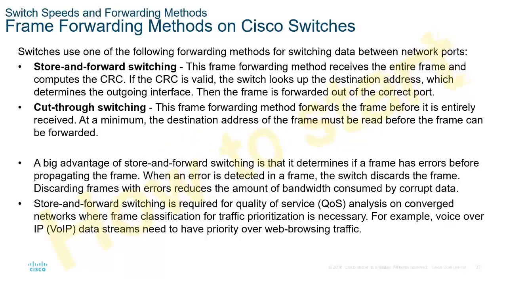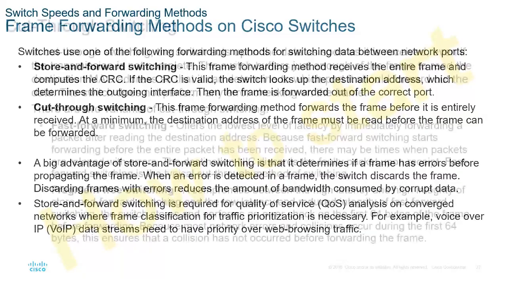However, an advantage over store and forward is that it will take the entire frame and check for errors, and if there is an error, it will catch it early on. Where cut through may actually forward on frames that are errored out and not functioning. So there are pros and cons between both of them, and some caveats to both of these.